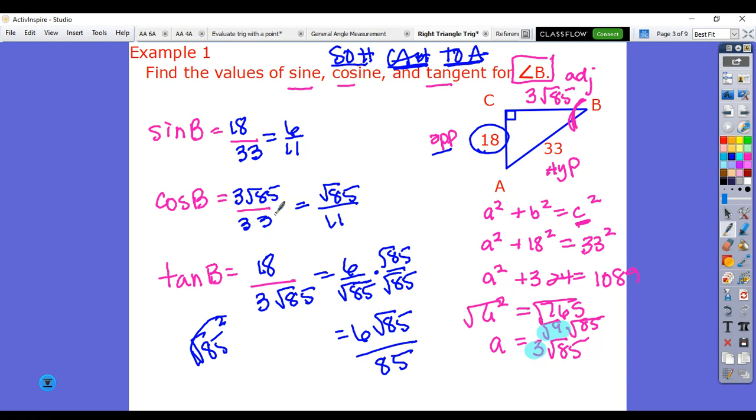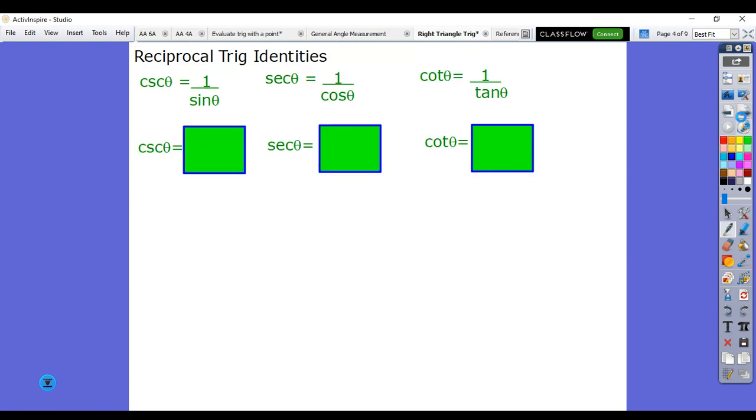Okay, so where you all learned about the basic 3 trig functions, there's 3 more, because in math we have reciprocals. So the reciprocal of sine is cosecant. Remember, if you're finding reciprocals, you just put 1 over.